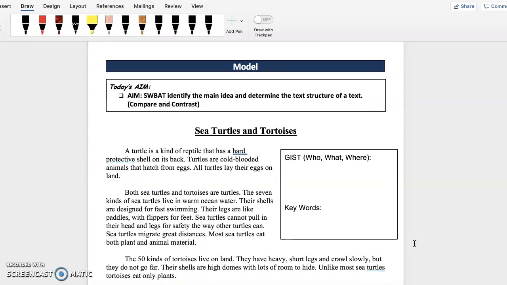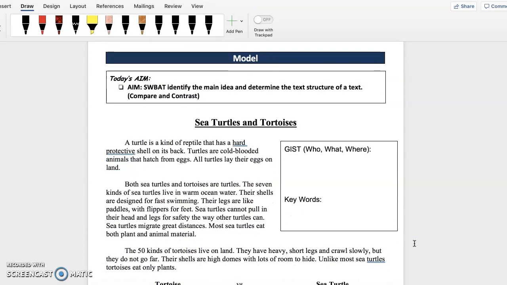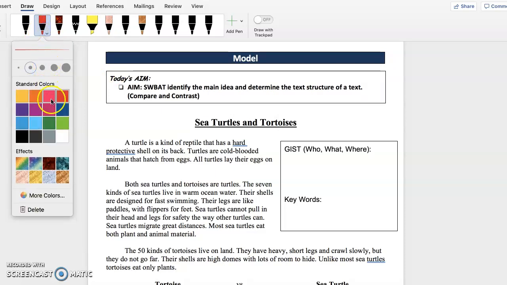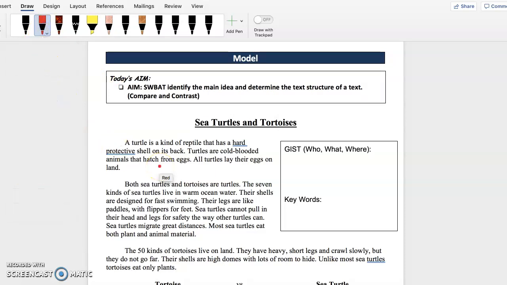Okay, so we're going to be talking about sea turtles and tortoises. When we are reading the text, guys, we are going to be looking out for our keywords that let us know that this is a compare and contrast text. All right, so let's begin. A turtle is a kind of reptile that has a hard protective shell on its back.